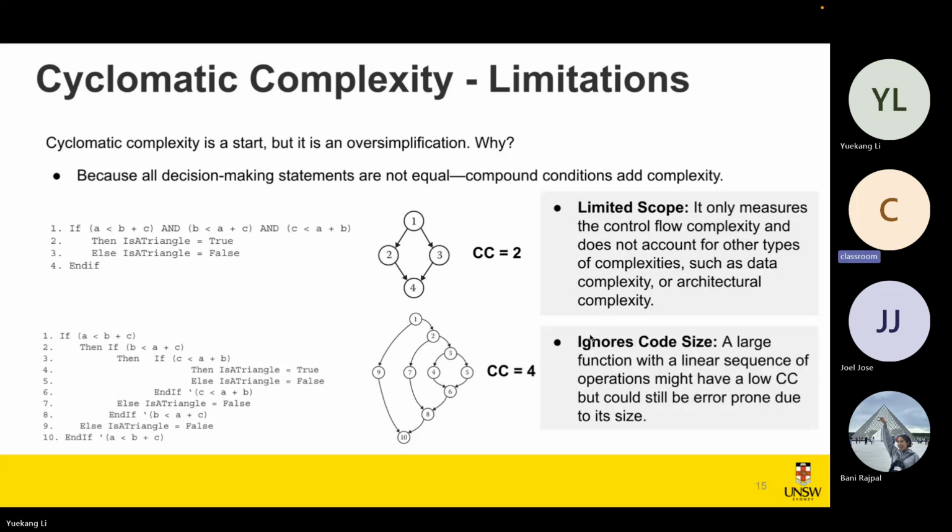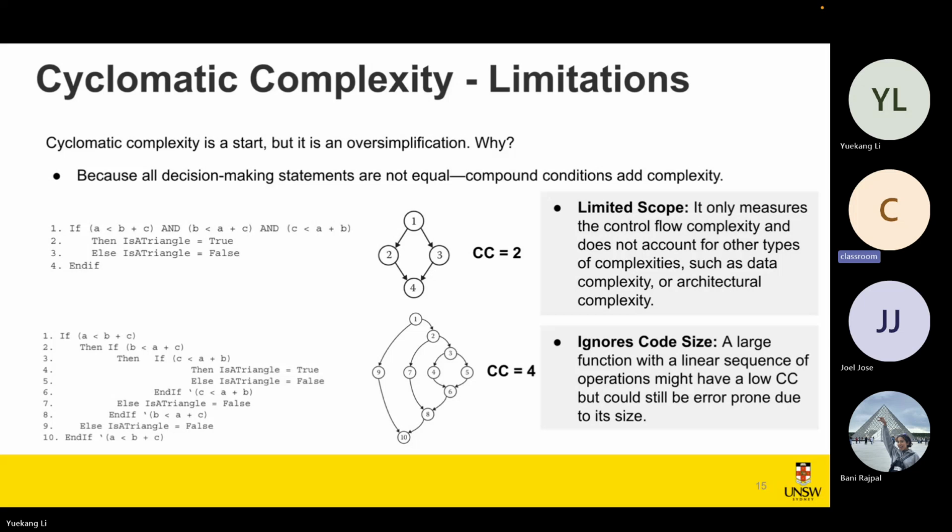That's the first limitation. And the second limitation is that it ignores the code size, which is very important for finding bugs, because we can have a very large function, maybe a few hundred lines of code, with no if and no else, just executing sequentially. We could have this scenario here.